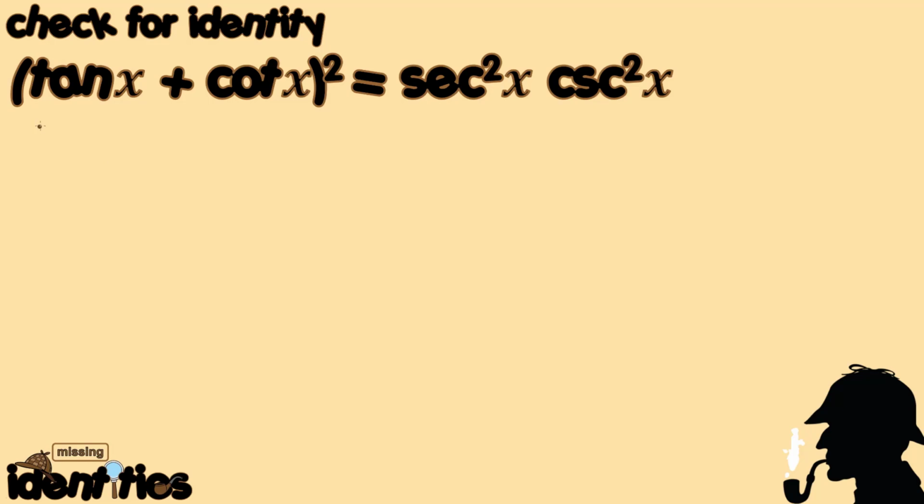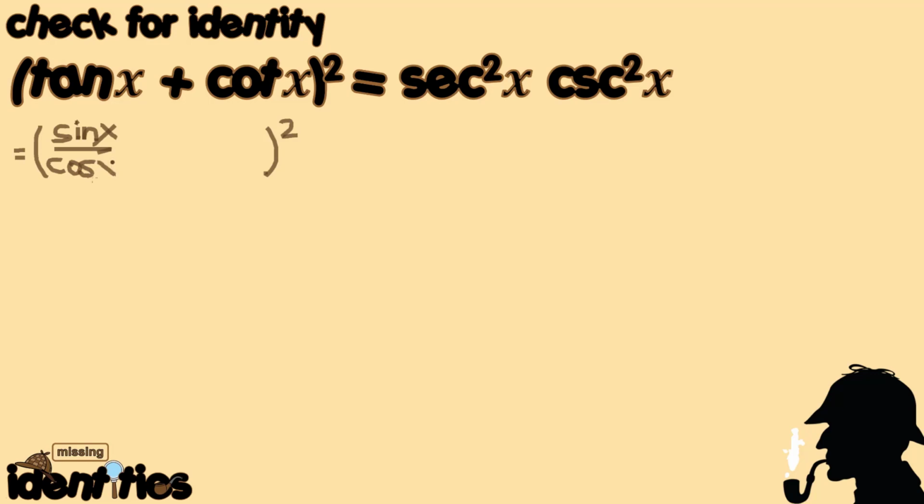Again, we will just simply come up with the same expression of exponentiation, and we are going to transform tangent x and cotangent x in terms of sine and cosine. Tangent x is the identity equivalent to the ratio of sine x by cosine x.